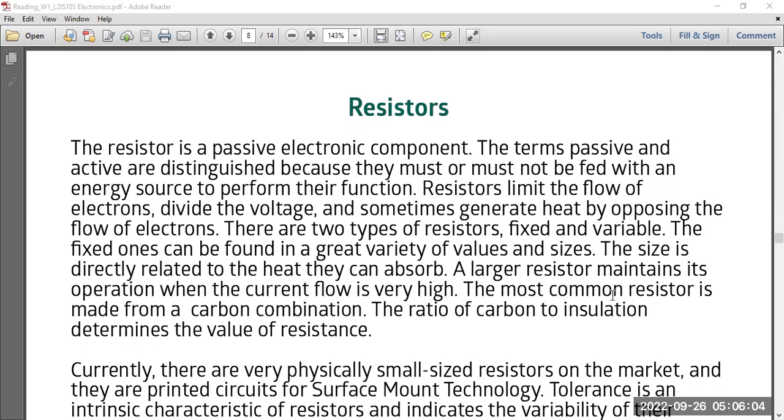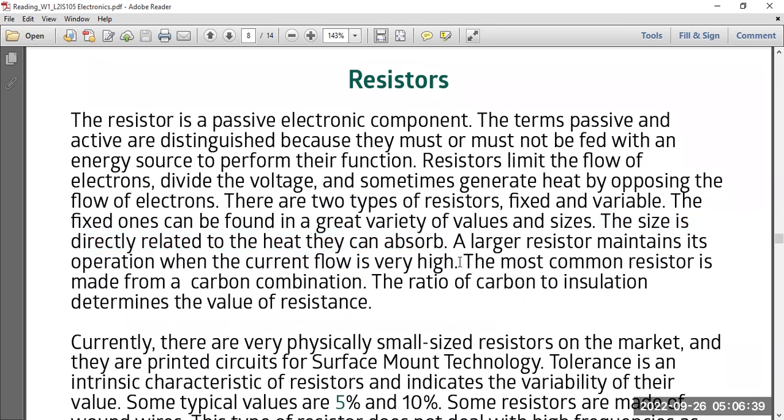Again, this is very important to learn and understand: why resistors are available in a variety of sizes. The main thing is that the size is directly related to the heat they can absorb. So if at some point I want small heat, I will need a smaller resistor. But where I need bigger absorption, a larger resistor is required. A larger resistor maintains its operation when the current flow is very high.